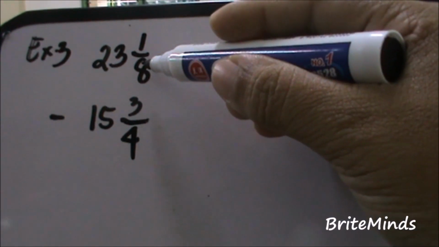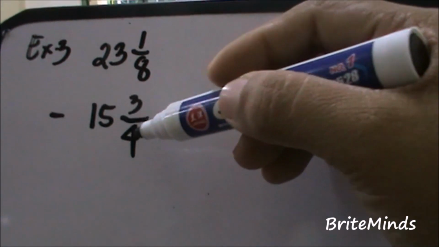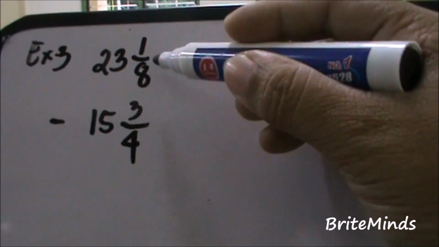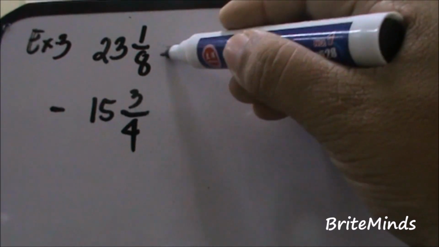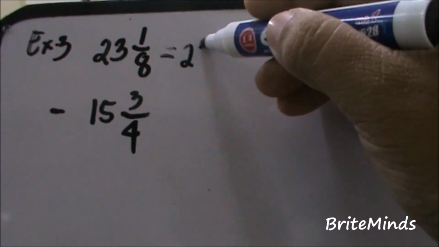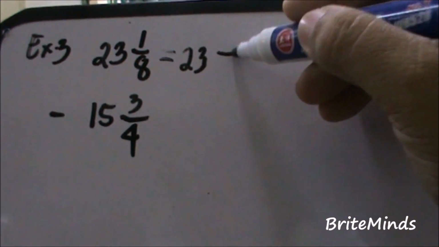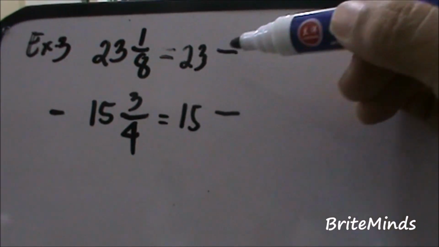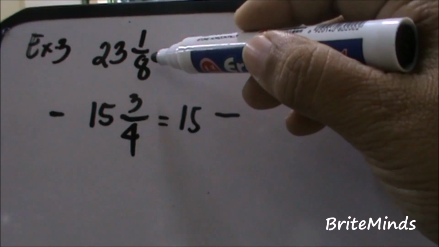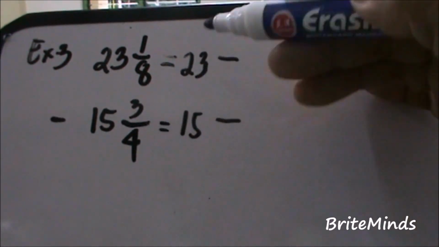We need to get first the least common denominator of these two fractional parts. So the least common denominator of 1/8 and 3/4 is 8.